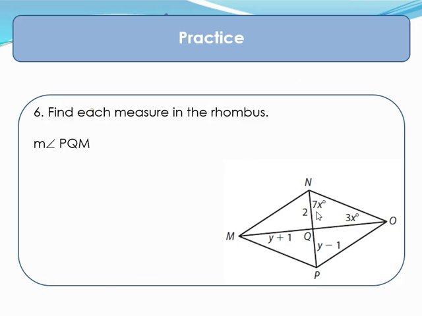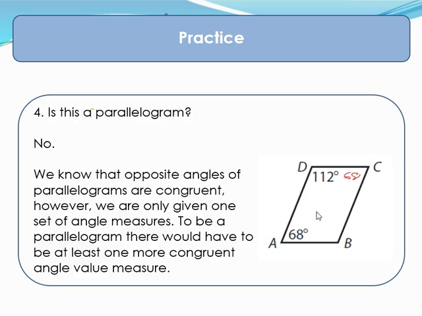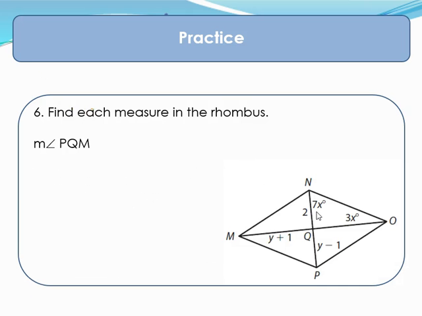Find each measure, and I just jumped ahead to number 6. I'm not sure what happened to number 5, but don't go looking for it, it's not there. Find each measure in the rhombus. Okay, so to do this problem, you need to know what all the properties of a rhombus are. We want to find the measure of angle PQM.